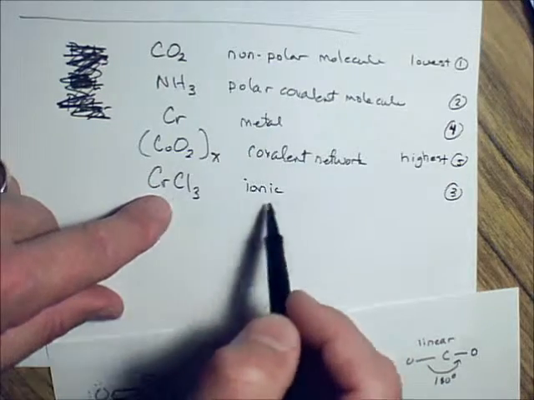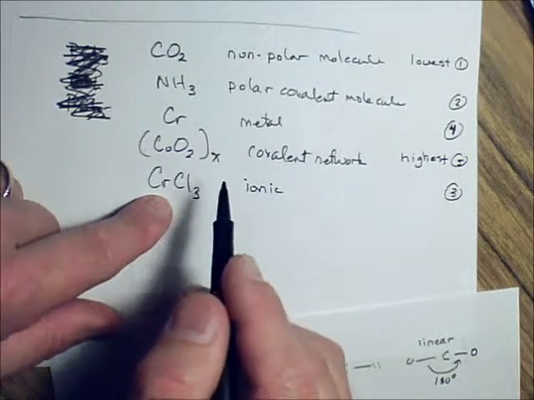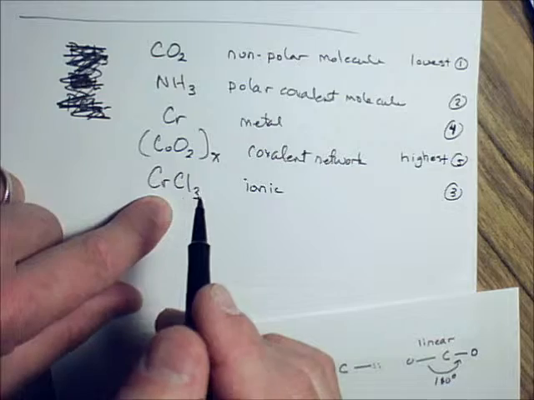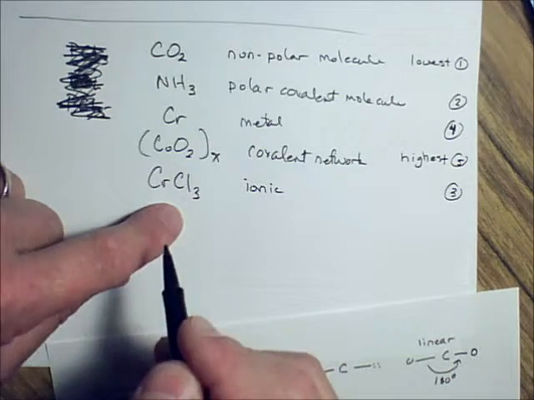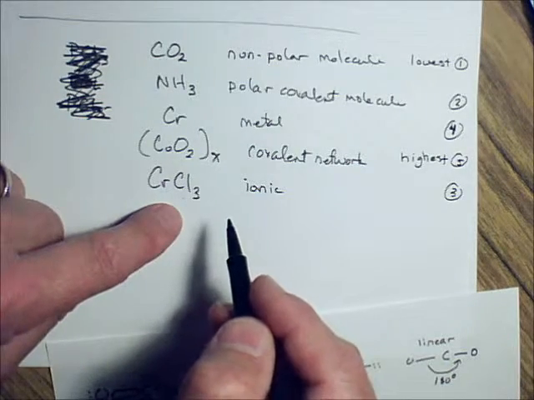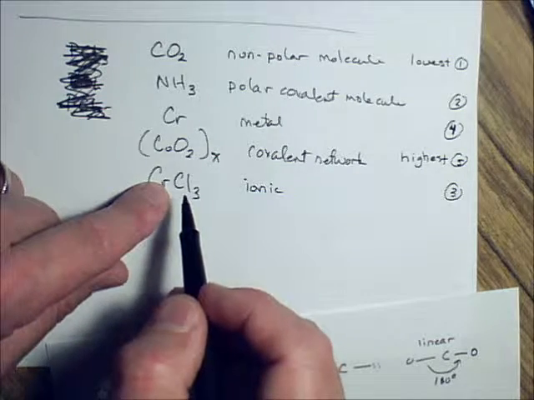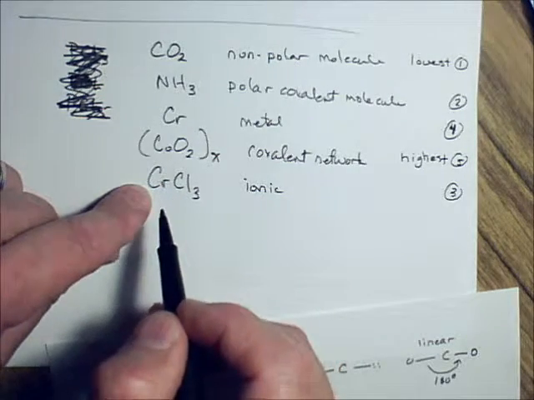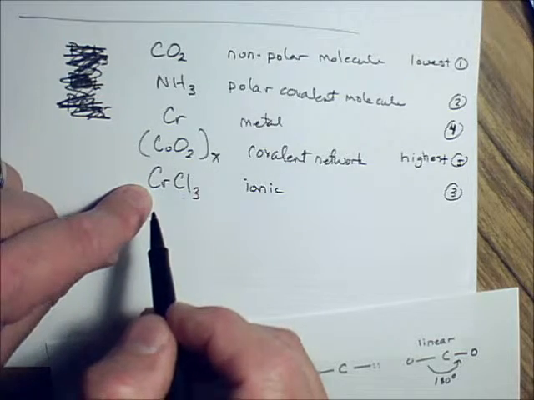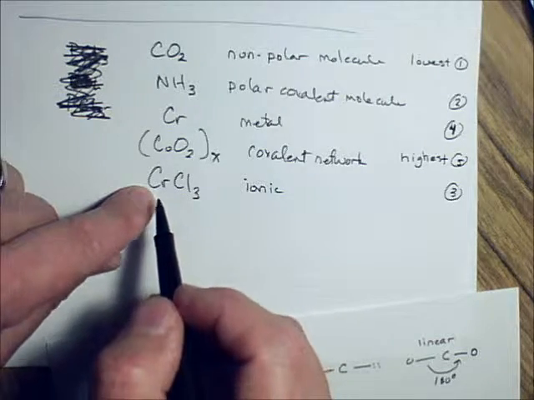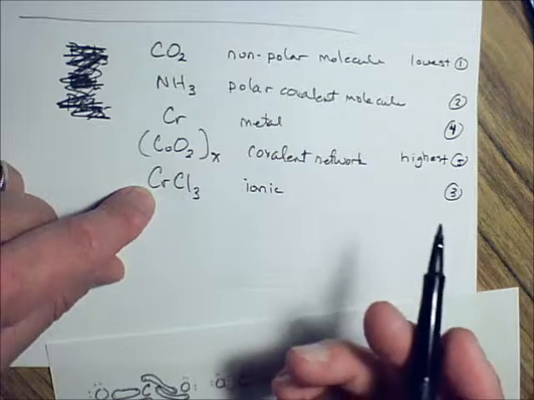You need to be able to tell it's ionic. Ionic formulas, we can look at a metal-non-metal combination, or if the substance has a polyatomic ion in it with something other than hydrogen on the front. Anything with hydrogen on the front is going to be an acid, except for water.